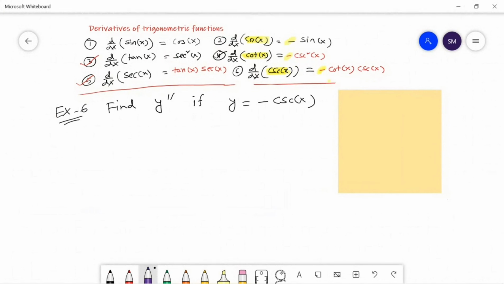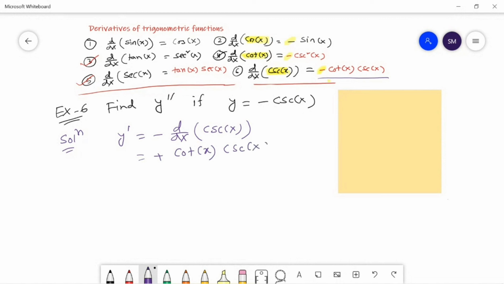Our next problem is to find y double prime if y equal to minus cosecant x. First find the first derivative, y dash is equal to minus d dx cosecant x. We know that the derivative of cosecant x is minus cotan x cosecant x, which after simplification gives plus cotan x multiplied with cosecant x.